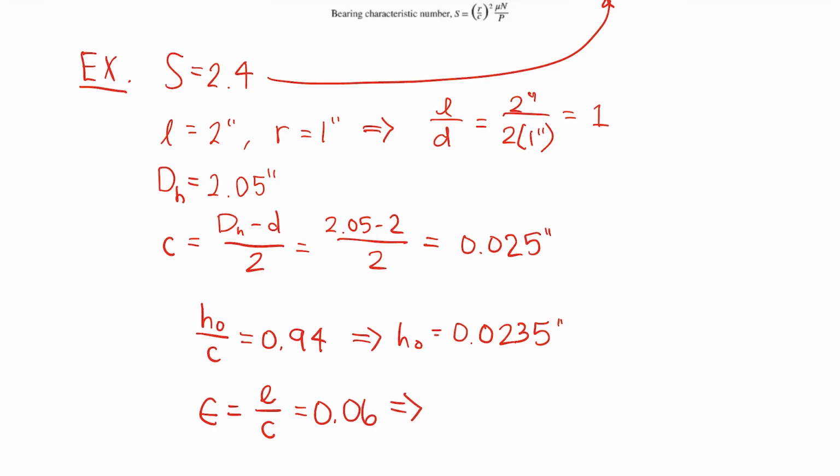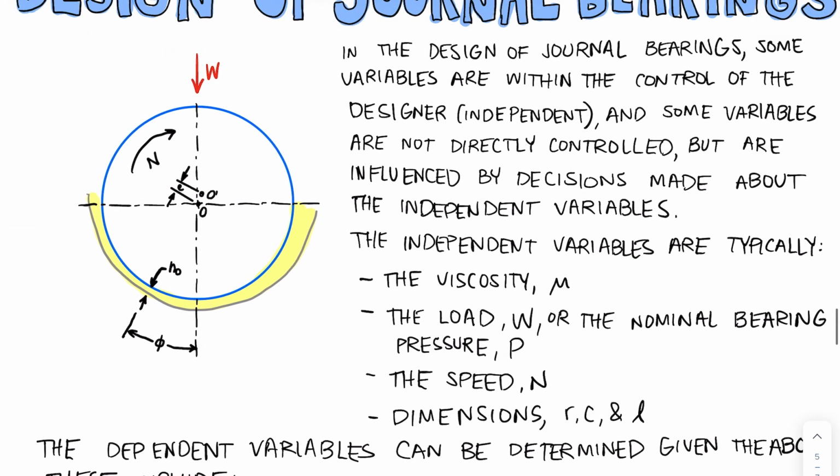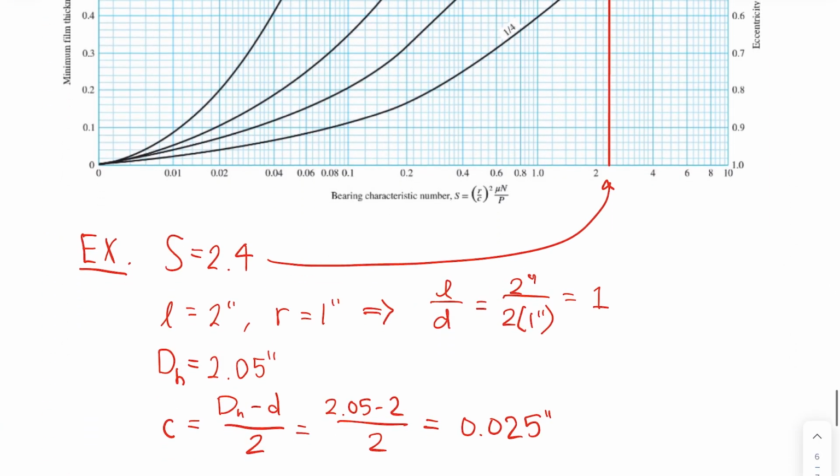So 0.06 times 0.025 is E equals 0.0015 inches. Okay, and again, if we look at the model up here, that means that this eccentricity from the original center to our new center, that's going to be this 0.0015 or 1.5 thousandths of an inch.